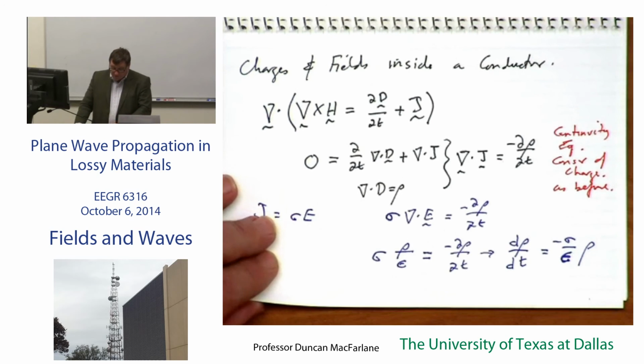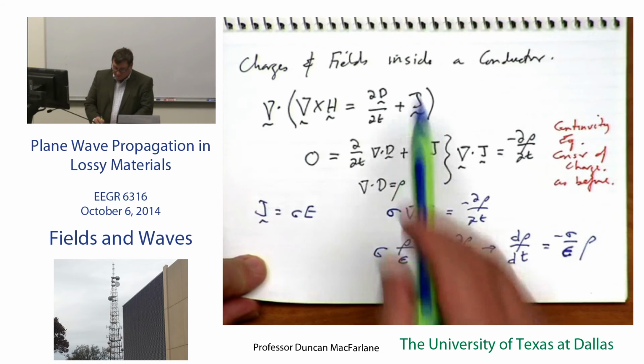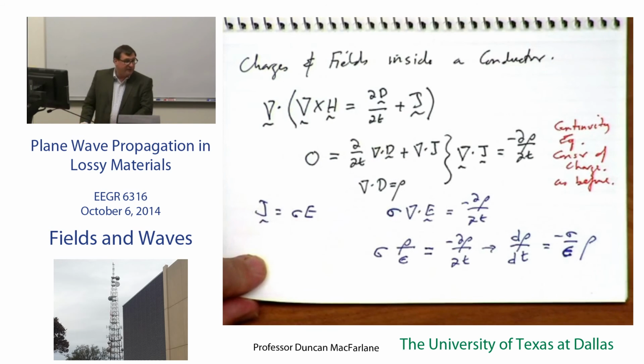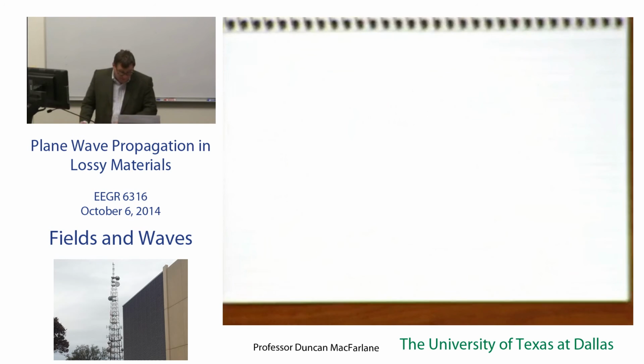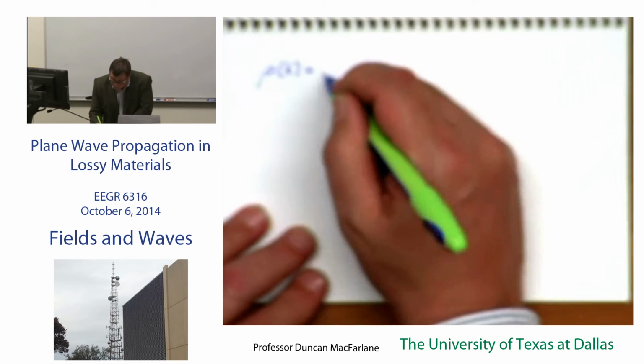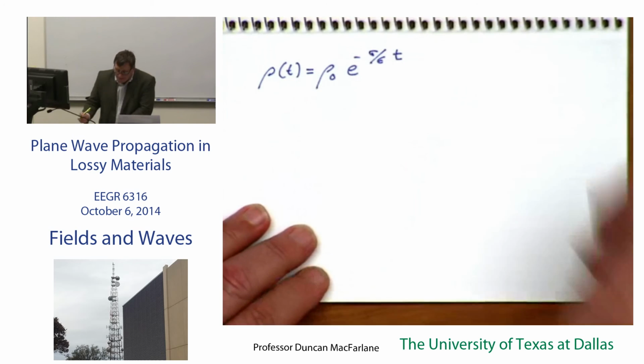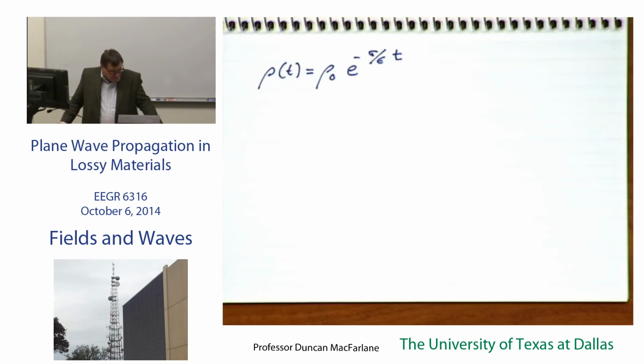So it looks like if I have this good conductor and I mess around with the mathematics and the material relationships of this, what I have for the charge behavior inside of this metal is a solution that looks like that.